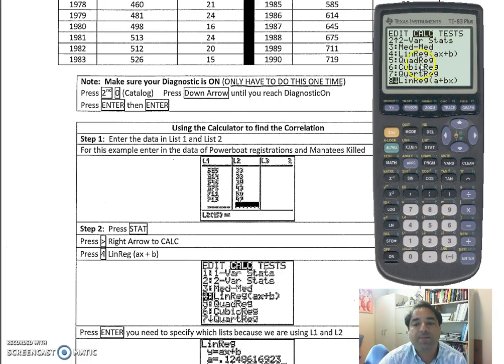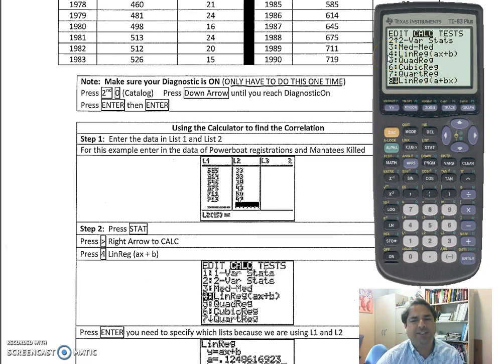They both do linear regression. Notice the difference. If you choose number 4, linear regression, you have ax plus b. And you remember from algebra, a, the number in front of x, is your slope, b is your y-intercept. If you choose number 8, which is also good, be careful, b would be your slope, the one next to x, and a would be your y-intercept. Either one's fine. I'm going to use 4, but they're both great.